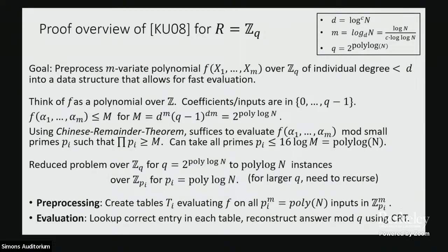So you cannot get better parameters, like CRT is wasteful, and there are some tricks you can play to optimize this. But again, you need it to be over a big characteristic. You cannot do say F2 extensions, right?